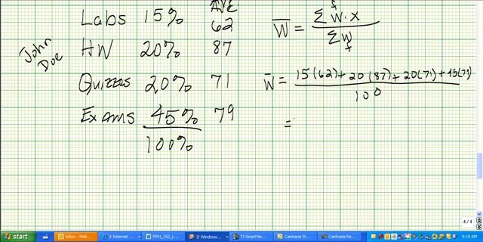Okay, so let's see what we get in the numerator. 15 times 62 plus 20 times 87 plus 20 times 71 plus 45 times the 79.